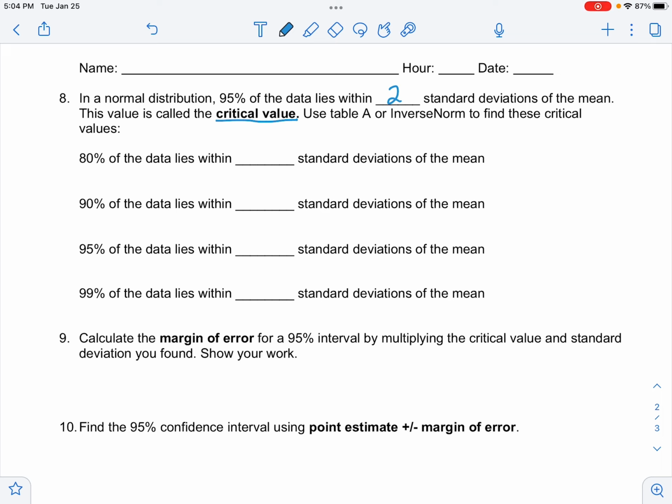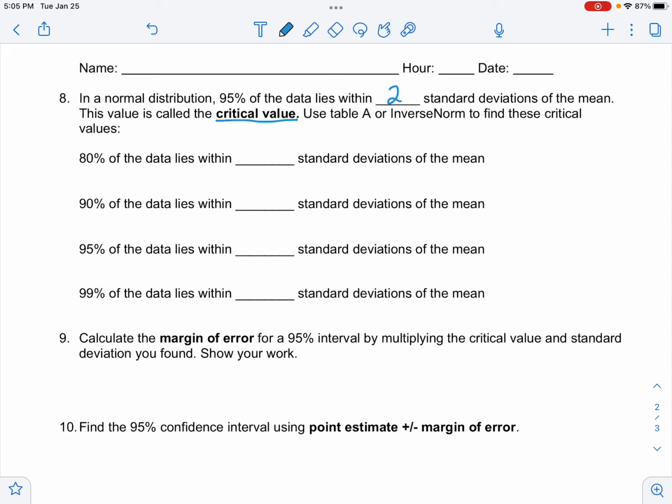How many standard deviations away you are, right? That's what a z-score tells us, basically. But our critical value is the one that allows us to go up by that many, down by that many, to create an interval in the middle, so that we're finding where the middle, whatever percent of data lies.